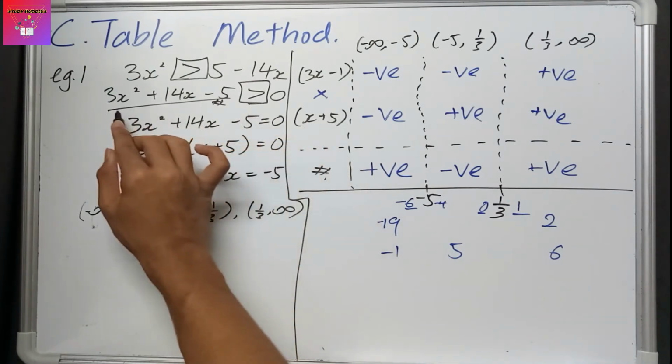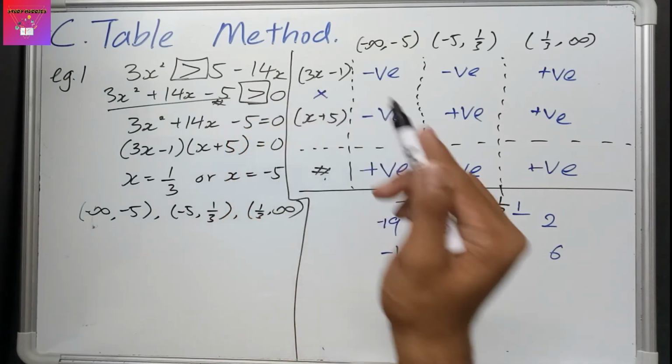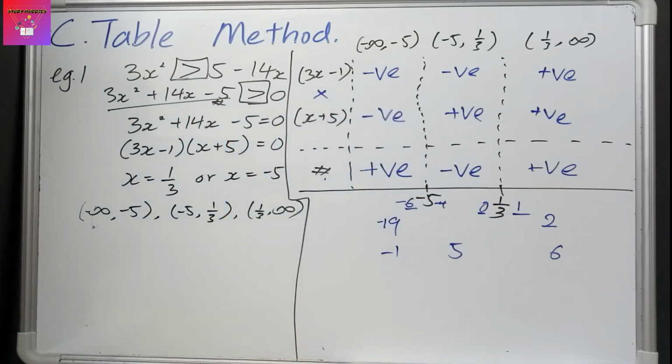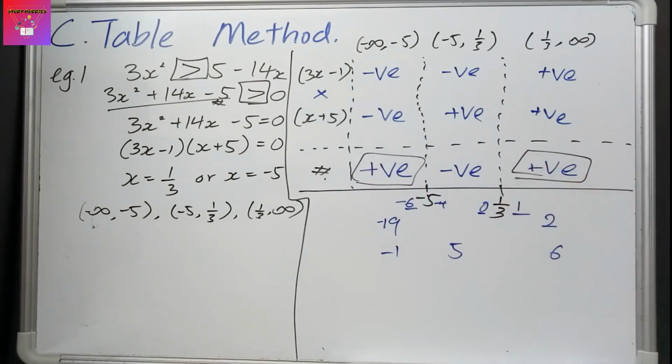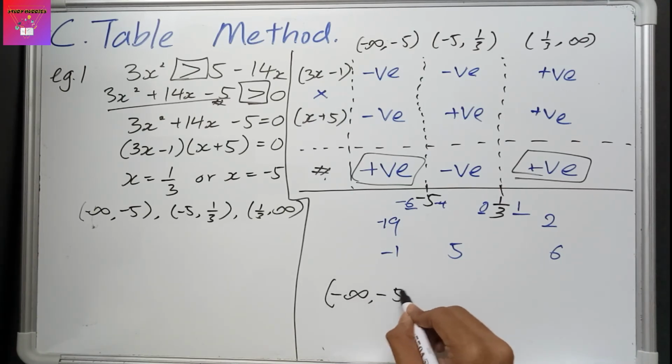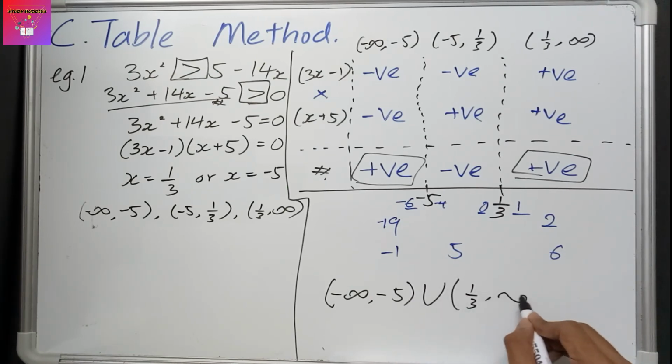So in this symbol, you can see that the quadratic equation is greater than 0. So since it's greater than 0, we will be choosing the ones with the ranges which have positive value, and therefore the answer for this question is going to be negative infinity, negative 5, union 1 over 3, infinity. So this would be the answer for this question.